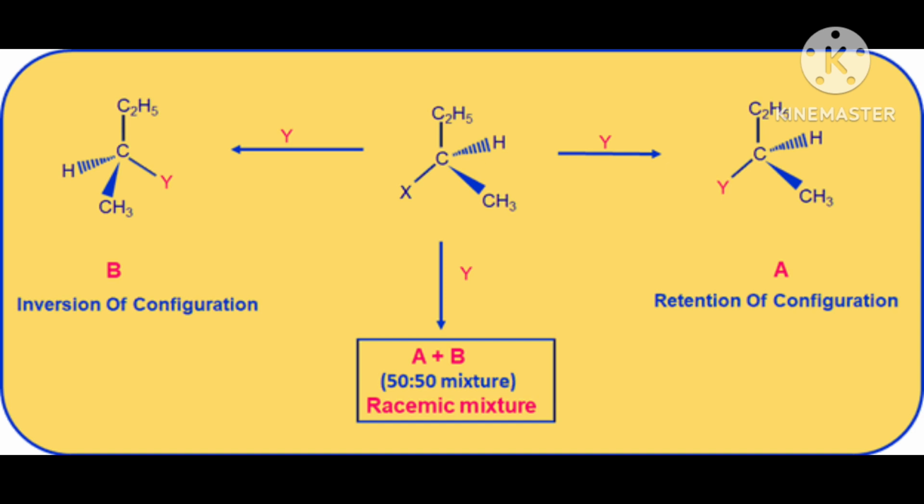Here I told you A, B, C positions are the same. Only X has changed to Y. Maybe chloride may change to bromide, but positions are not changed. A, B, C, X, their configuration is the same.